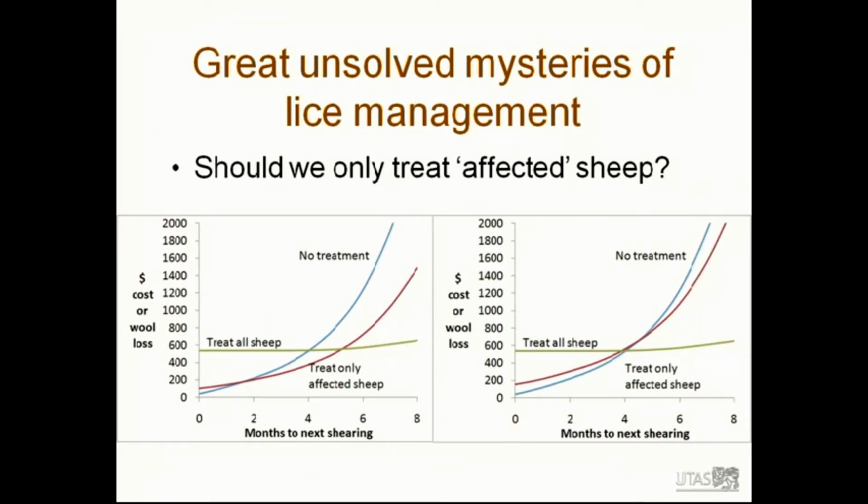One of the things we're planning to work on at the moment is to try and answer this, to see, are there any situations where this occurs, or in all the situations people are likely to find, are you likely to get this situation? Because clearly there's a significant saving at certain stages if you only need to treat the affected sheep.